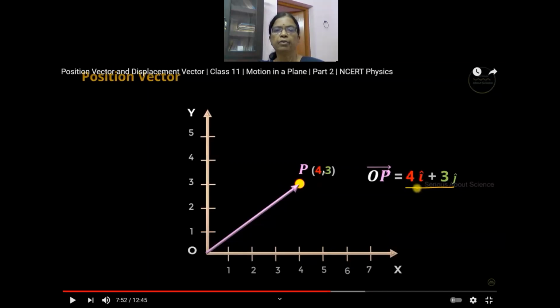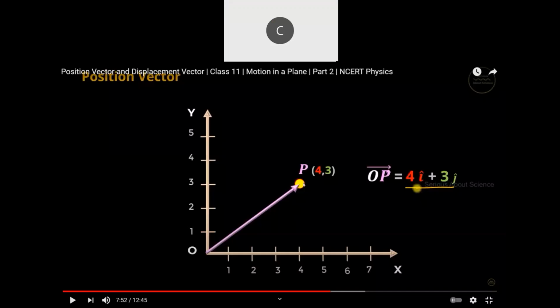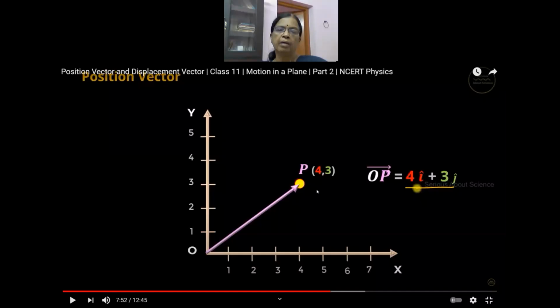Aishwarya, yes. Teacher, how will you represent vector OP? Vector OP equal to, tell. Don't know. Chandana.